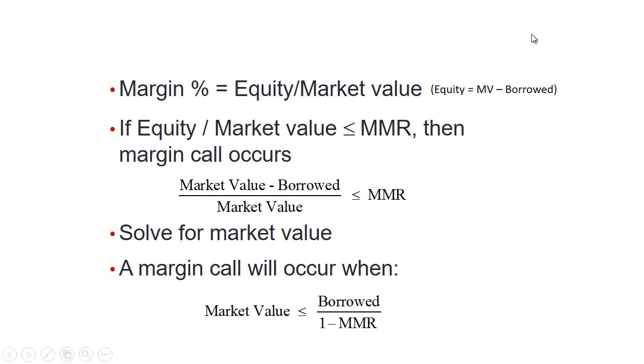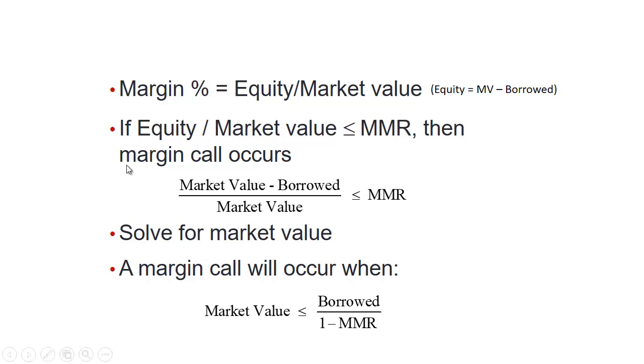Now, your margin percentage equals the equity divided by the market value. So, if the equity divided by the market value, that is the margin percent, is less than or equal to the maintenance margin requirement, then a margin call occurs. That is, you're asked to put more money into your account.